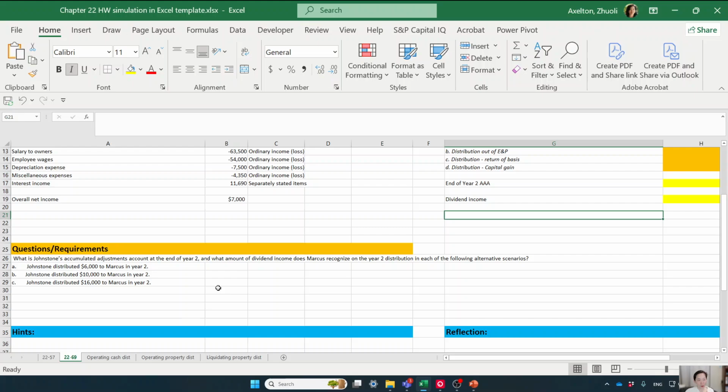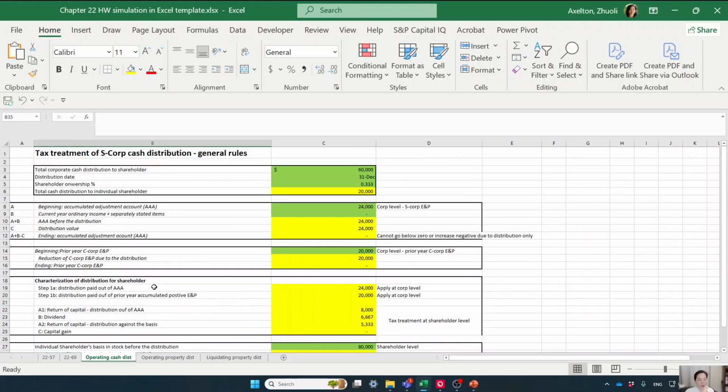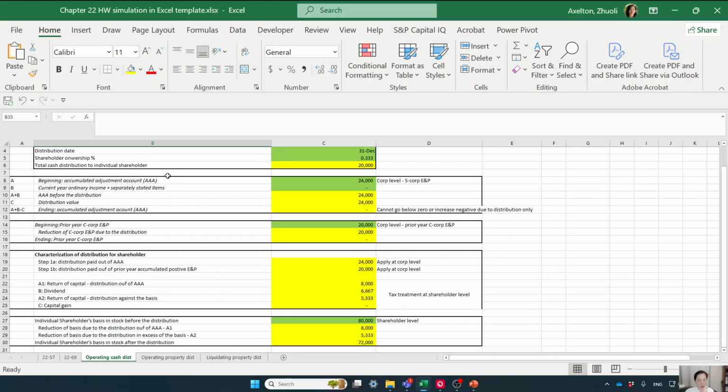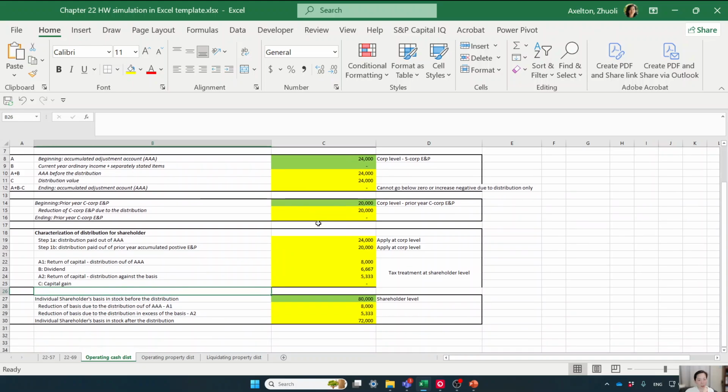So take a look and see how this calculation is done, and populate the hint section as well as the reflection section. And for the last part, the three tabs basically build a simulation for you, so you can see how the S corp cash distributions are characterized by the different layers. You will see how this is done.